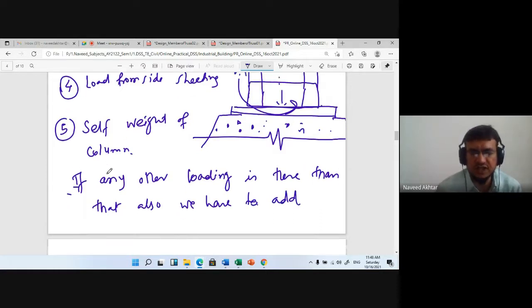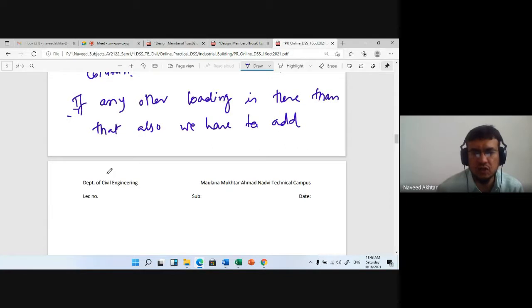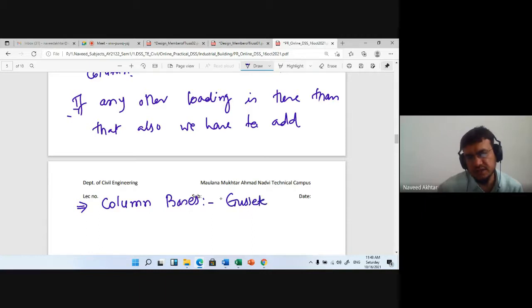So you have to calculate the load on the column and then design the column, and for the same load you have to design the column base. Because moment is also there, we are going for the gusseted base. Go for the gusseted base and design the gusseted base for the column base.